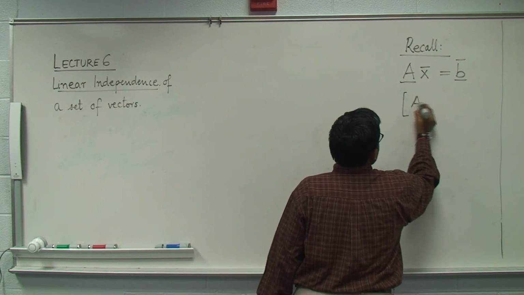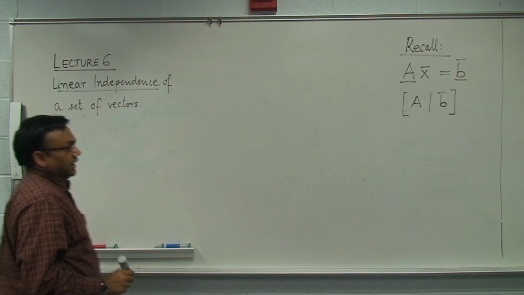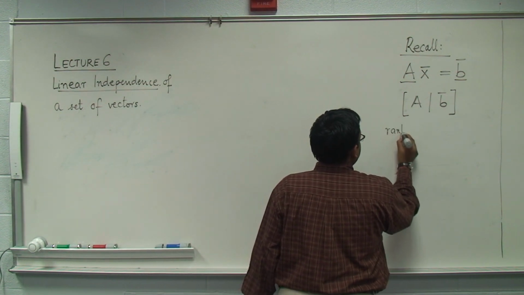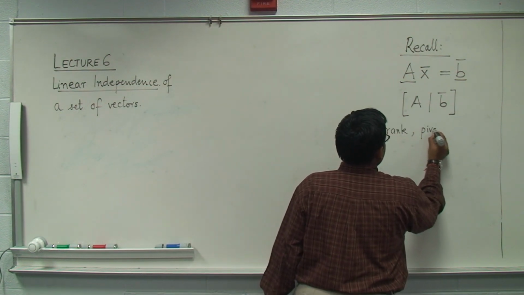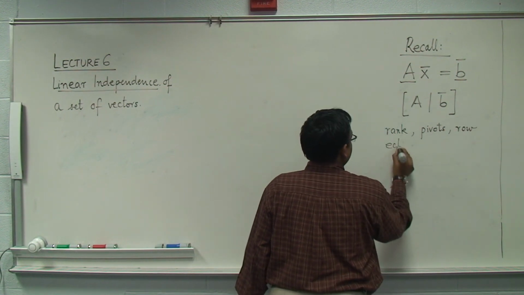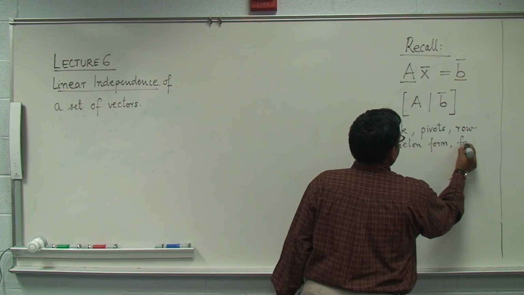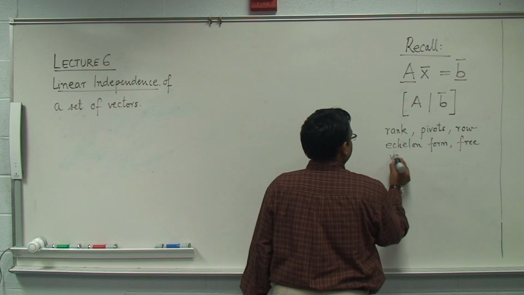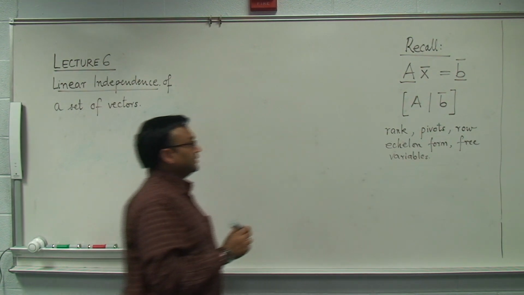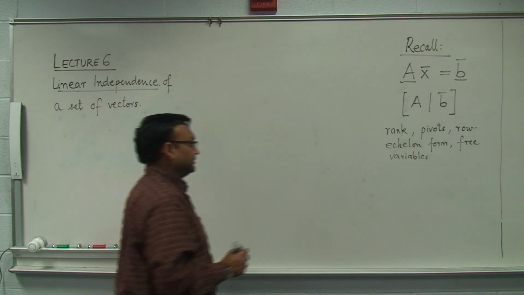So what we did was, we went for the augmented matrix, and we talked about things like the rank of the matrix, the pivots, the row echelon form, free variables. So these were various notions that we had used in order to understand or talk about the solutions of this particular system of equations.